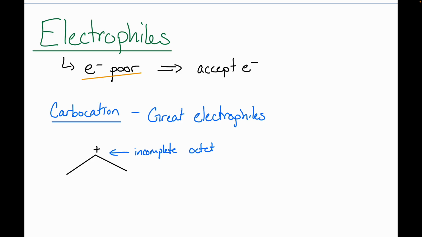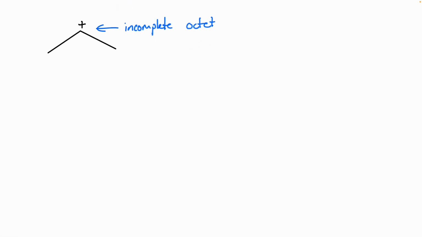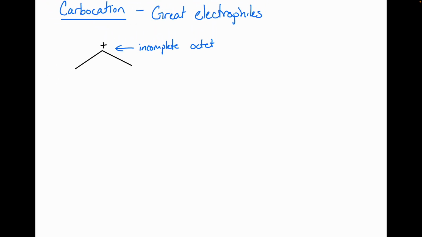All right, so then just for the sake of practice, let's take that good electrophile. We're going to do an example here. Let's say that I put this thing in with this thing.